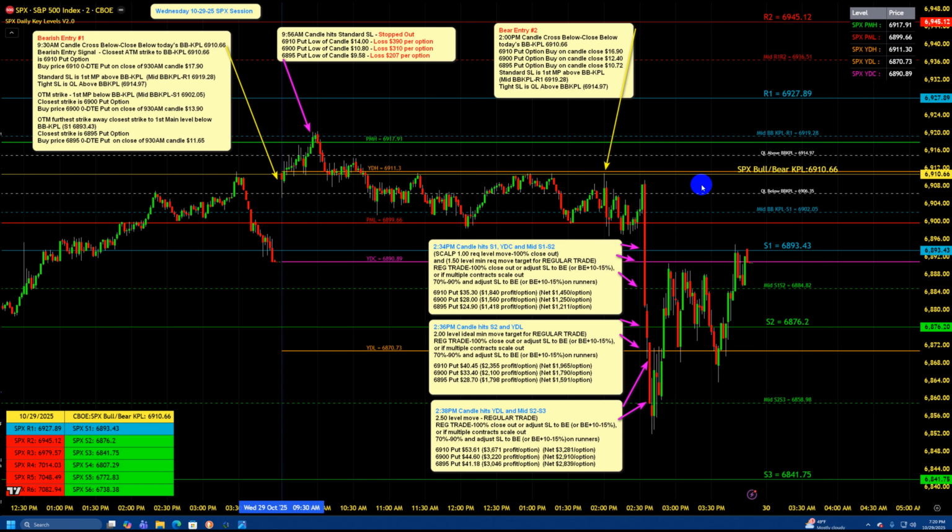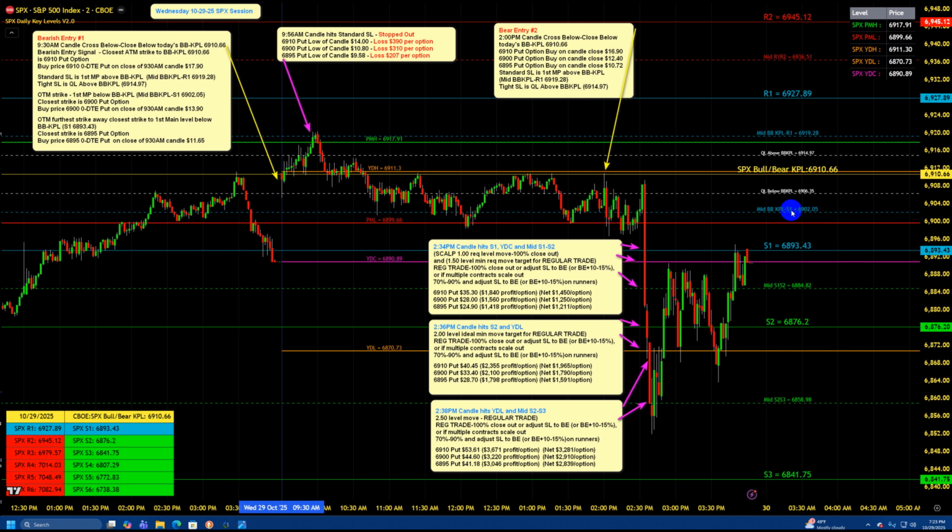There are also 2 out-of-the-money strikes that you can consider. How you figure out which ones those are going to be is you simply look at the level you're taking the trade from, in this case the bull-bear KPL. What is the direction that you are trading on the entry, bullish or bearish? In this case it's bearish, so we look below for the out-of-the-money strikes on a bearish play.